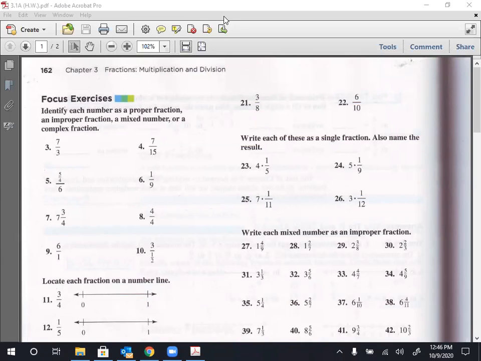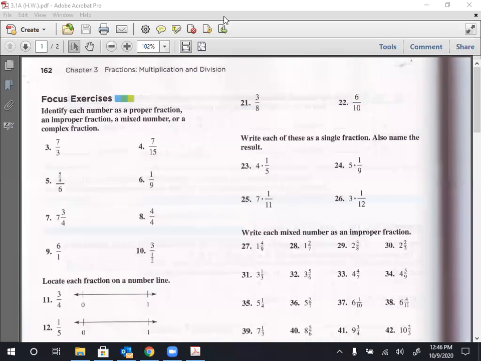A mixed number is a whole number with a fractional part. So what do you see on that page that has a whole number and a fraction?